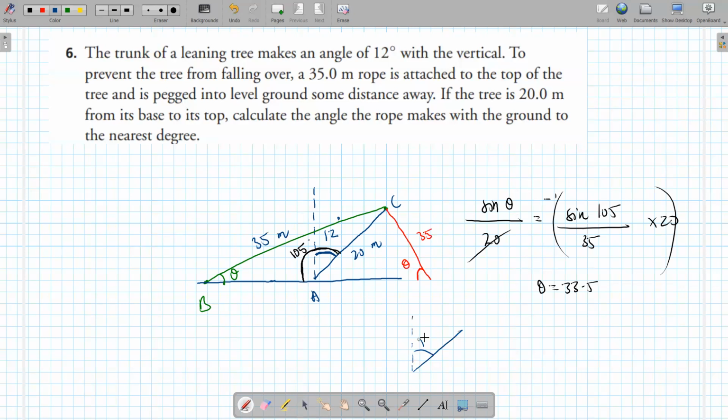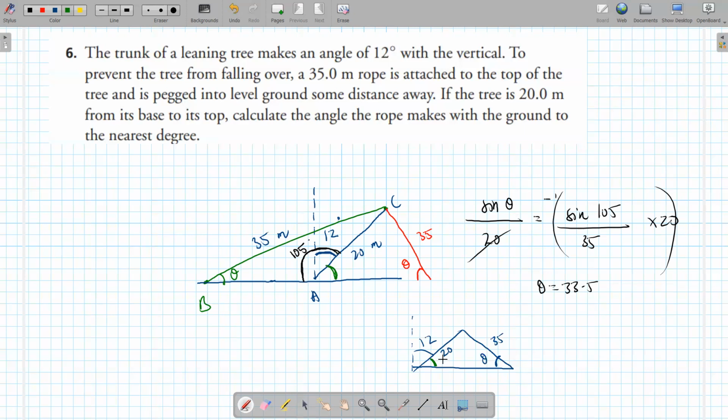This is 12 degrees, and then you have this. We know this is 20 meters, we know this is 35 meters, and we know this is the angle that's missing. What would be this angle? Basically, which is this angle here. Do we know?